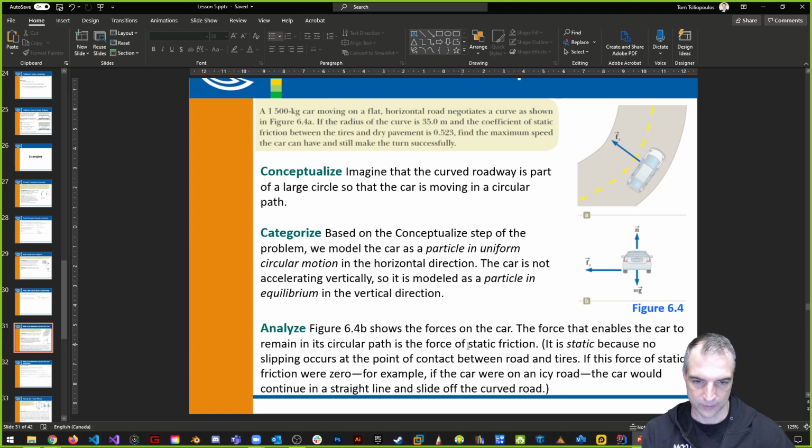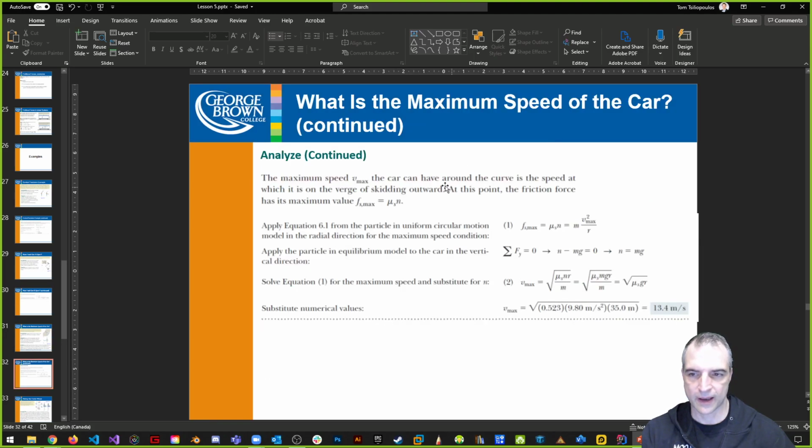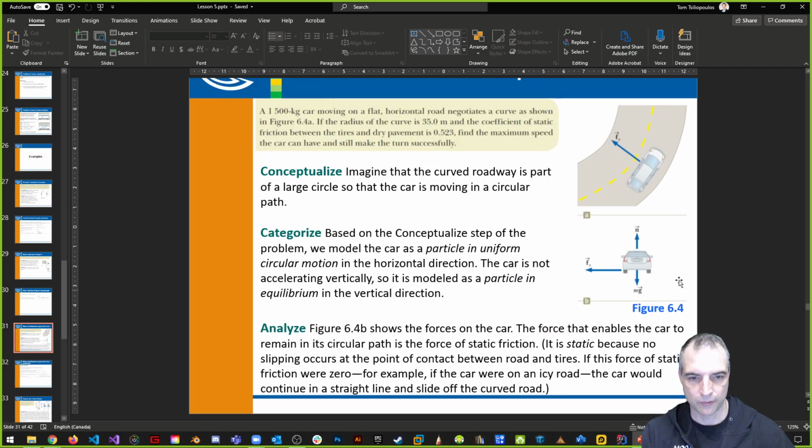Okay, so we can say that the maximum speed, or Vmax, the car can have around the curve is the speed at which it is on the verge of skidding outward. At this point, the friction force has its maximum value, so friction static max, which is equal to mu, the coefficient of static friction, times the normal force. That's why we need this diagram, because we've got to figure that this normal force is what we need to calculate the total force, right?